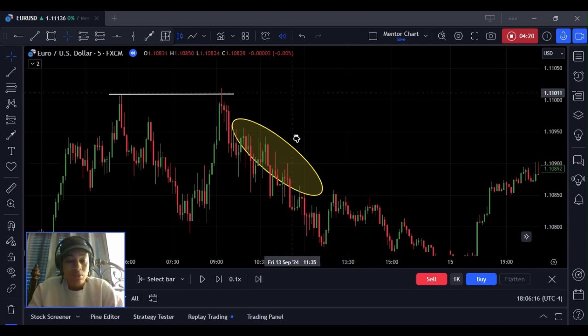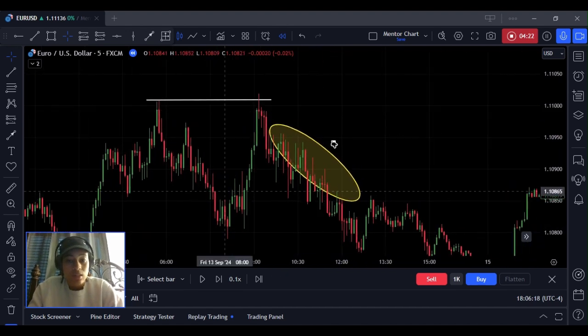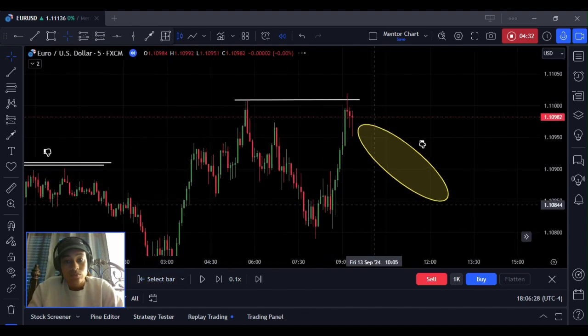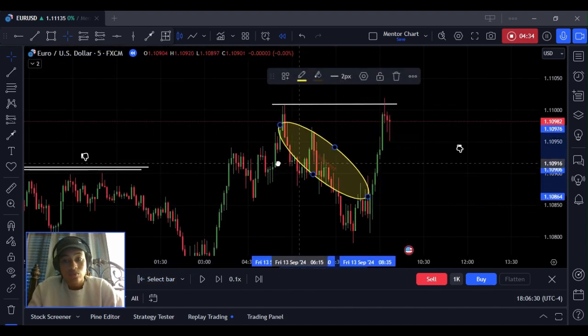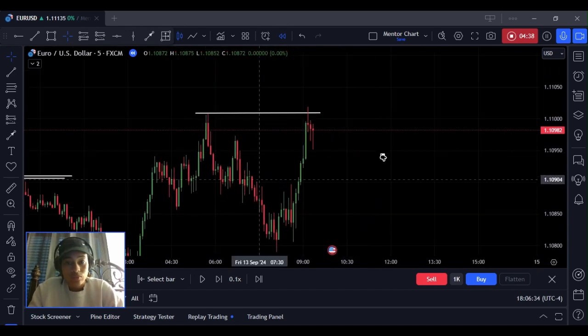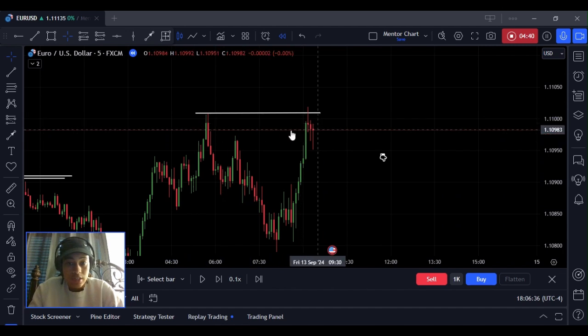So say, for example, there are multiple ways to attack this. So let's go back to right here. So I see that all these wicks are happening. I'm not going to get in until it passes the previous candle.